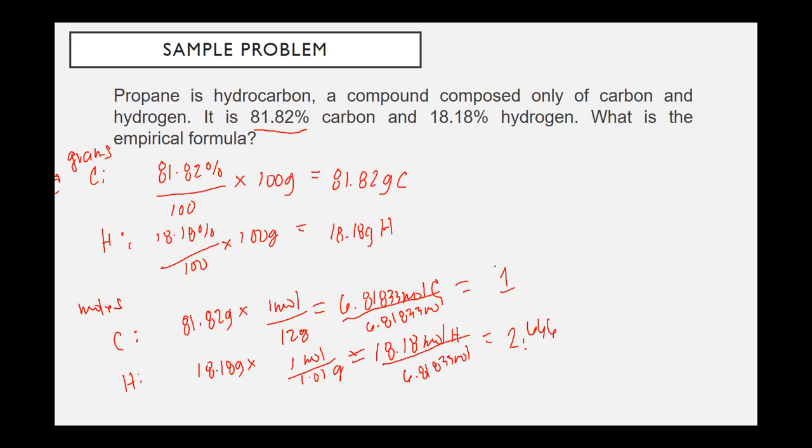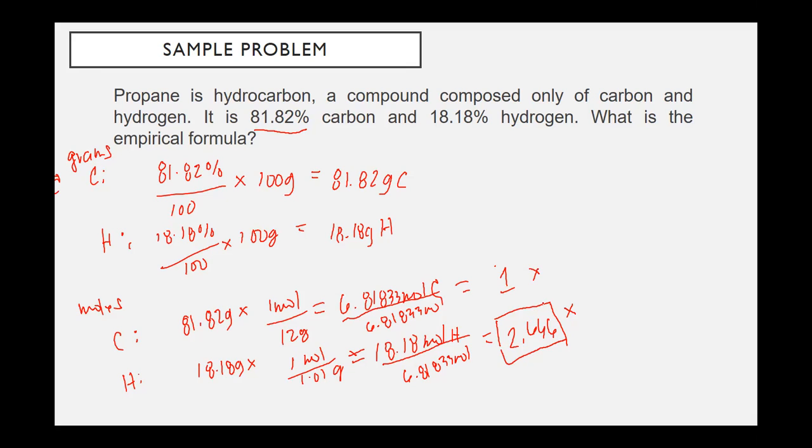2.666. Since coefficient natin dapat is always a whole number, so hindi pa natin pwedeng consider tong 2.666. So we have to think of an integer na pwede natin i-multiply dito kung saan magiging whole number both.